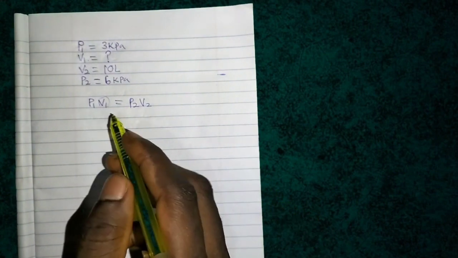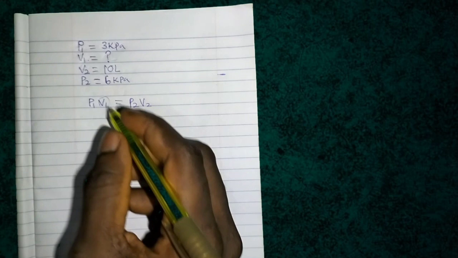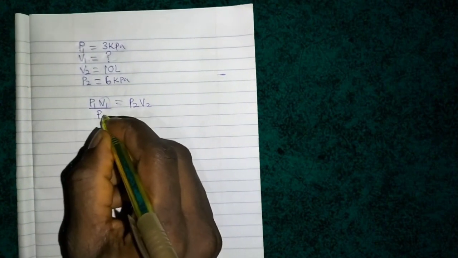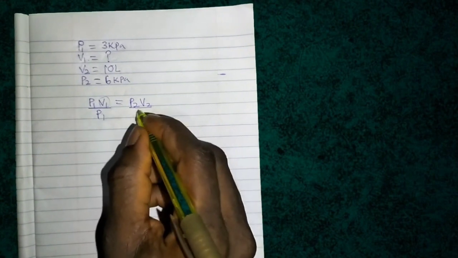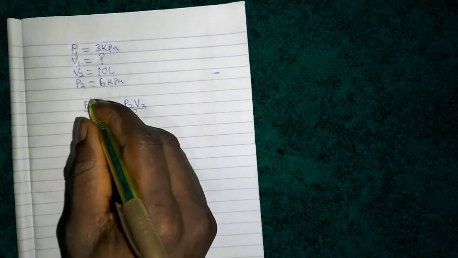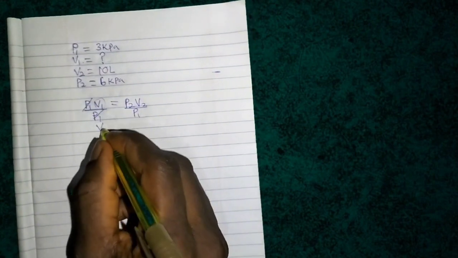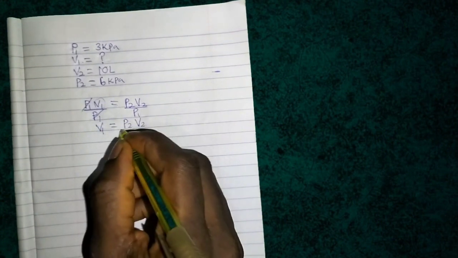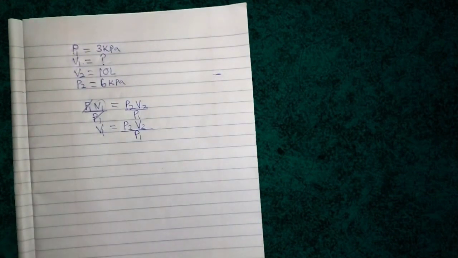I will suggest making V1 subject of formula. To do that, we divide both sides by P1, so that this P1 will cancel this P1, and V1 is now standing alone, becoming the subject of the formula. If you don't understand this part of mathematics, you can meet me later for explanations, probably in higher lessons.